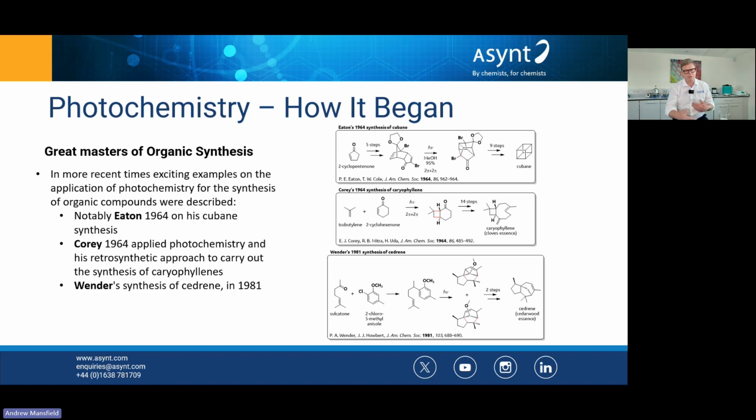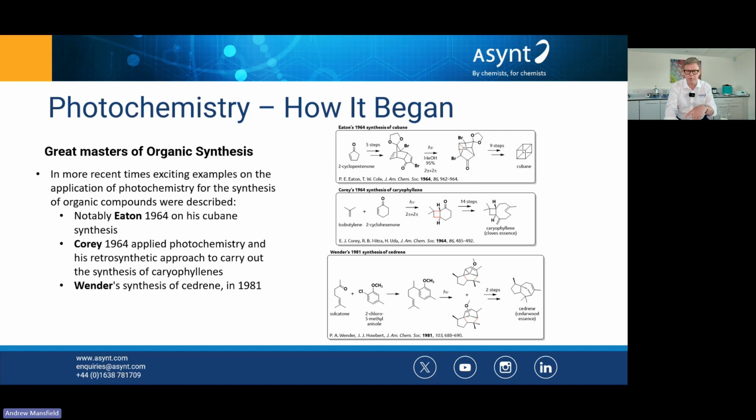But photochemistry has moved on over the years, and there are 3 examples here that I picked out. One from Eaton in 1964, looking at cubane synthesis. The second one from E.J. Corey, again in the 60s, looking at a retrosynthetic approach to the synthesis of these caryophyllenes, and Wender's synthesis of cedrene here.